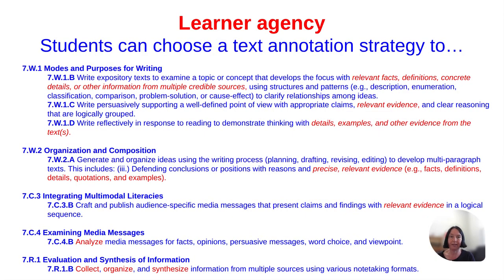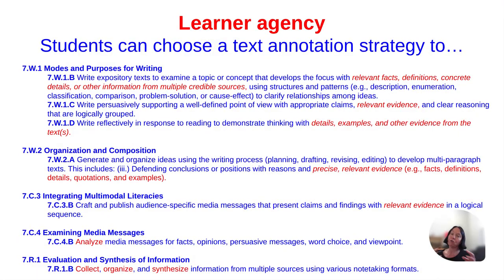And here are some examples from our content. In writing, this is a great chance for students to say, oh, I'm going to use my text annotation strategy when I am getting ready to find my facts or definitions or details from credible sources for writing expository texts, or my relevant evidence for persuasion.